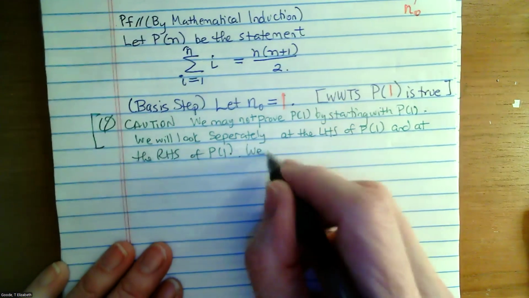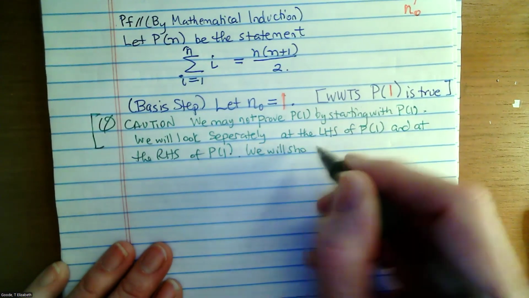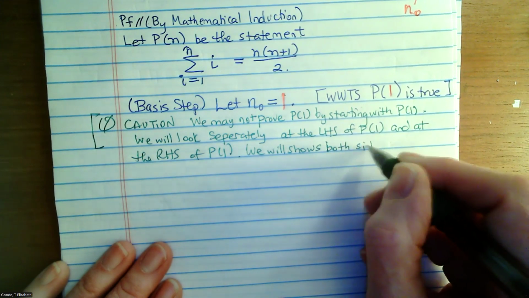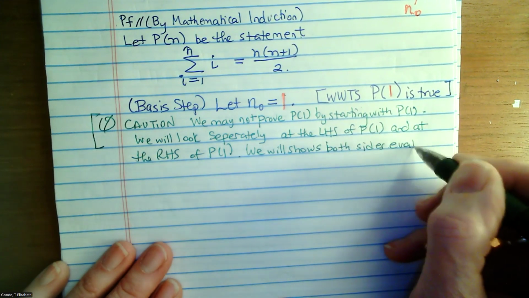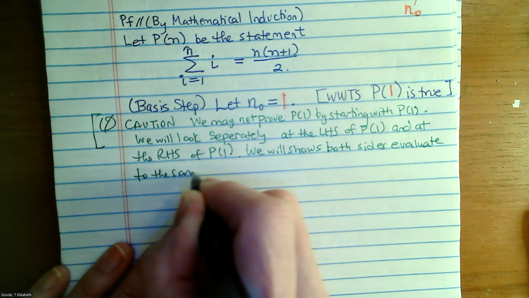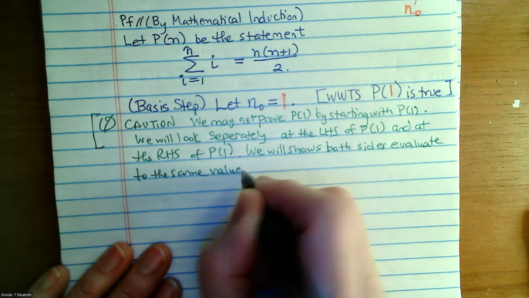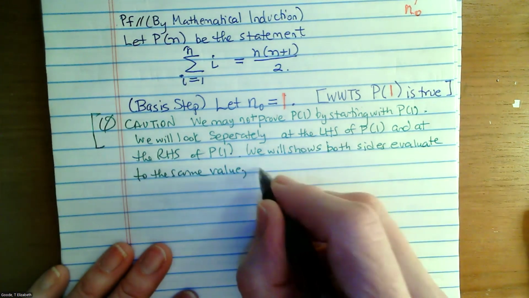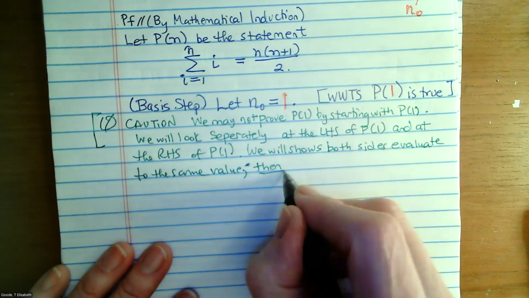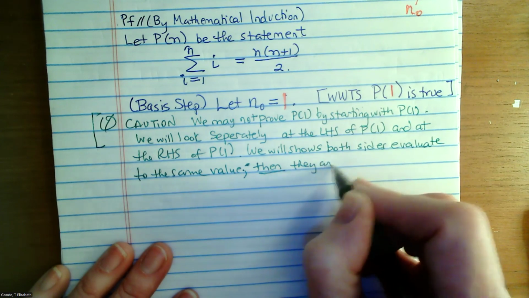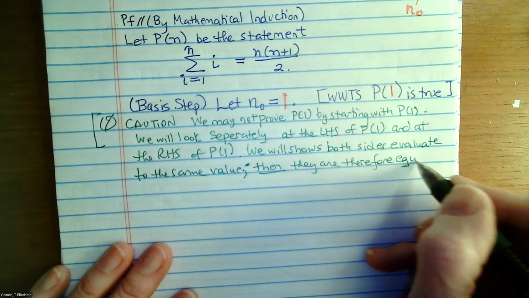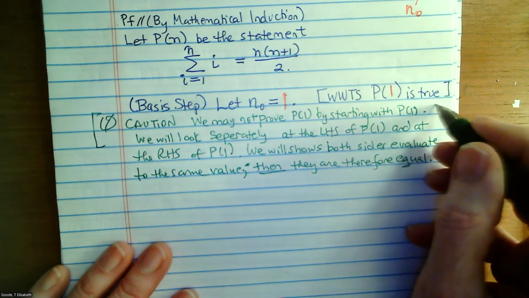We will show both sides evaluate to the same value. Once we do all that, then they are therefore equal. Only then, after we've looked separately at the left-hand side and the right-hand side, folks.